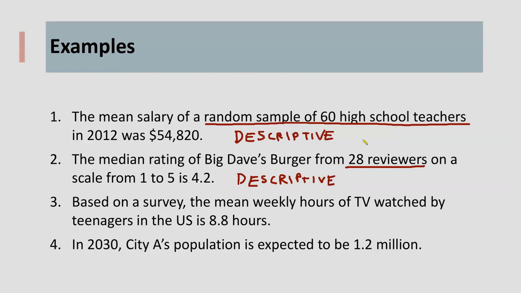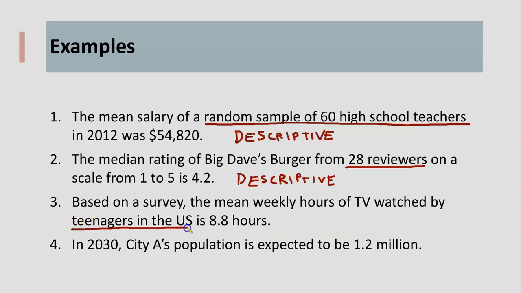Well, it's correct that the information is coming from a sample, but the rest of the writing is not implying that this mean is from that sample. In fact, it seems to be implied that now they are using that survey information to estimate the mean weekly hours of TV watched by teenagers in the US.